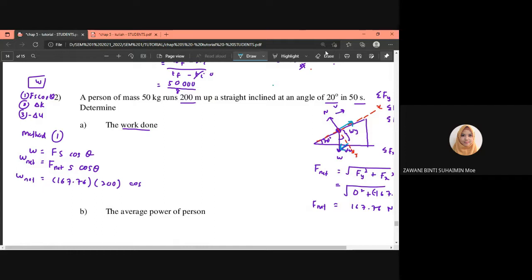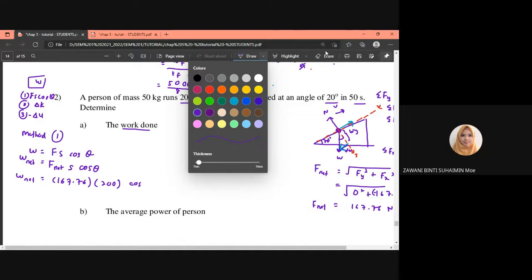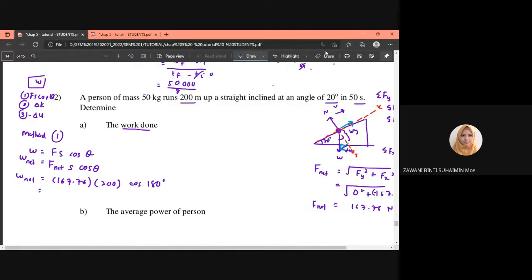So maksudnya the angle between them adalah 180. Bila kita kira-kira kita akan dapat negatif 33,552 joules. So this is work net. Settle. Ataupun awak nak buat negatif 33.55 kilojoules, boleh juga. Itu method pertama.